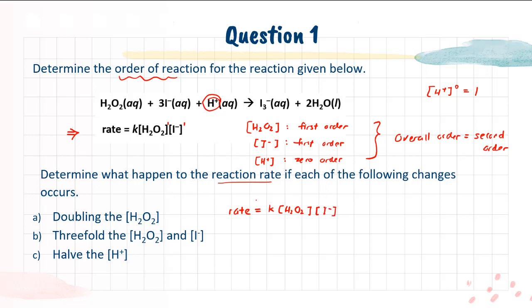Using your rate law equation, rate equals k [H2O2] [I-]. Doubling the concentration of H2O2 means we increase the concentration by 2 times, so 2 times H2O2, and nothing is mentioned about I minus, so we just maintain it. In this case, we bring this value to the front of your formula, so it becomes 2 times k [H2O2] [I-].